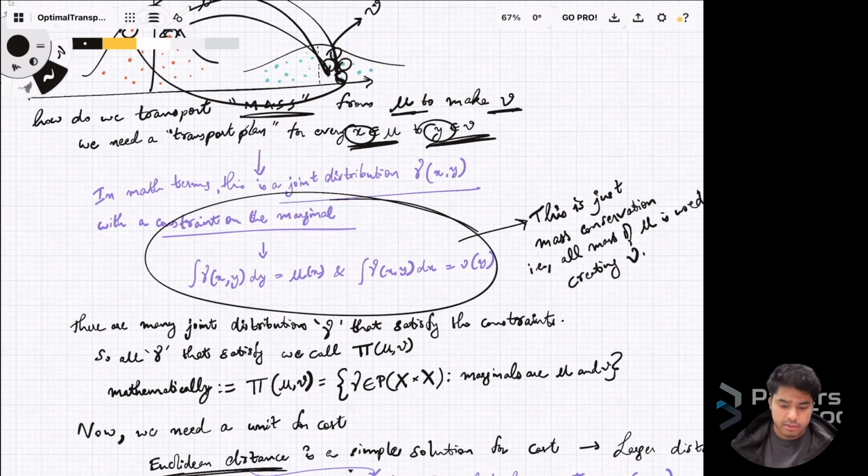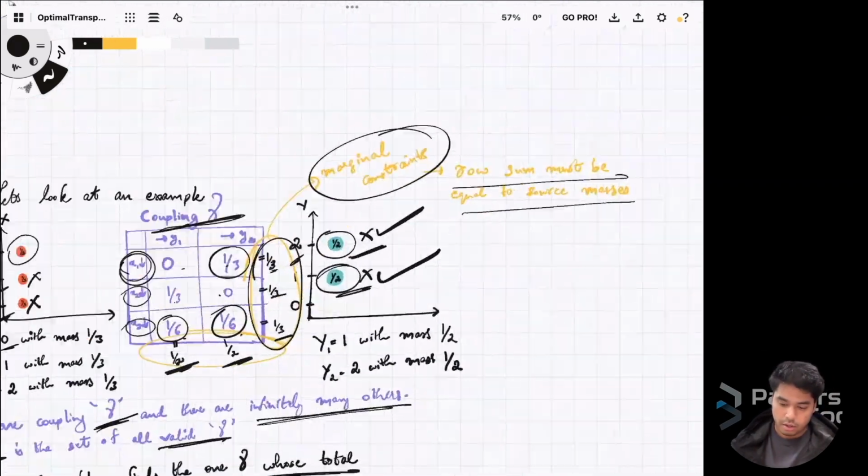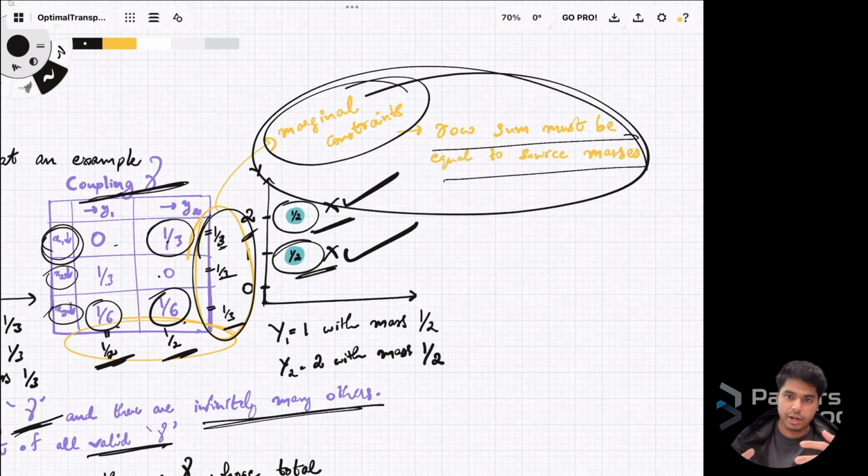In mathematical terms, this is a joint distribution gamma for every x and y, right? Because we are creating a distribution that's coupled for x and y. So what we are trying to find is a joint distribution gamma with the marginal constraints which I talked about over here, right? Because we need to preserve the mass.